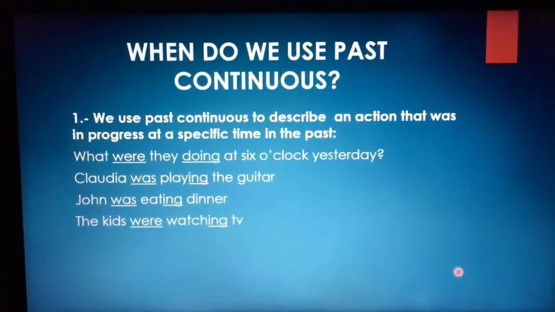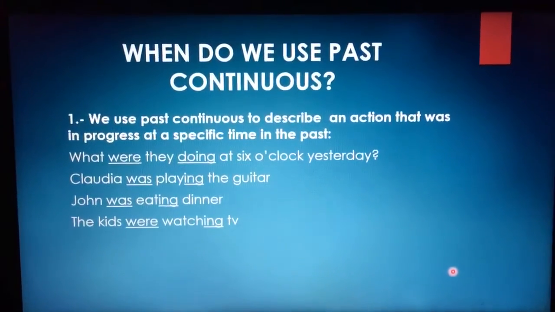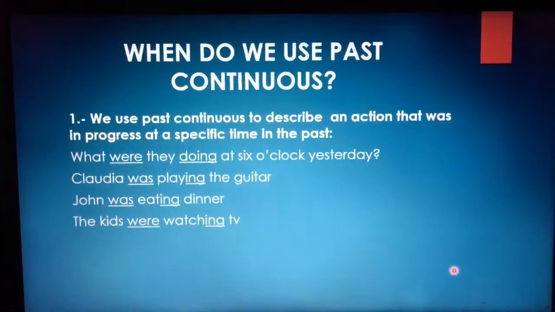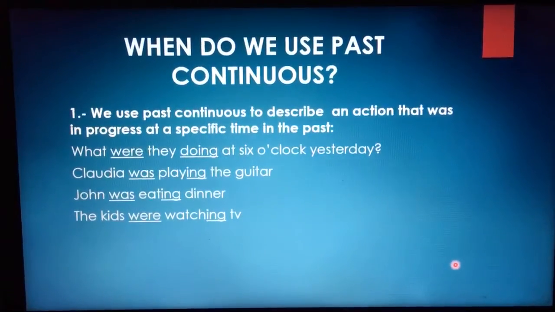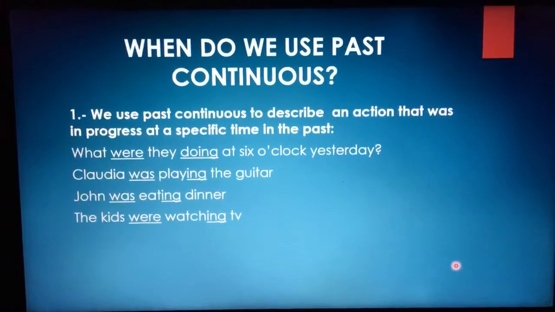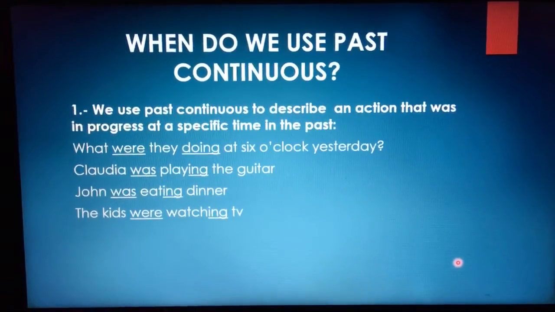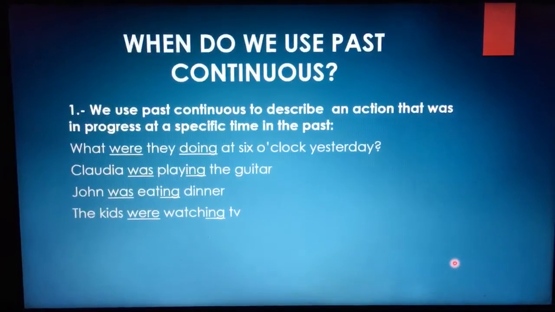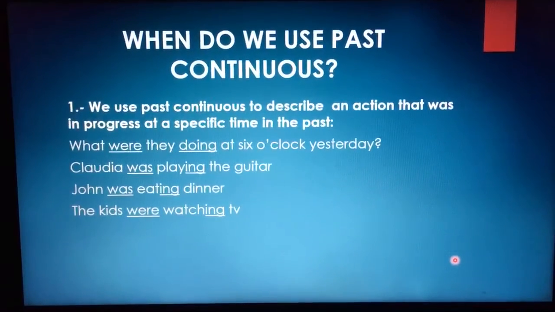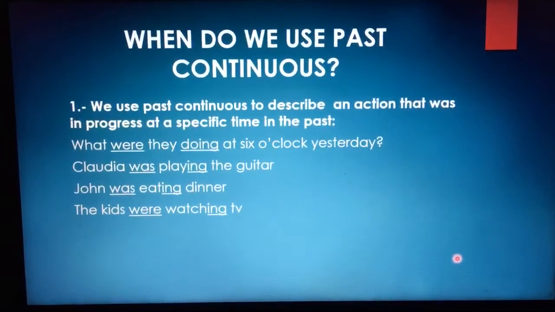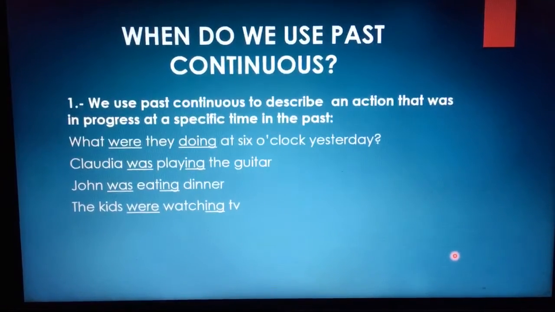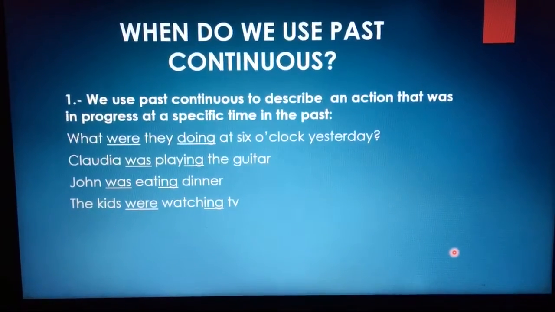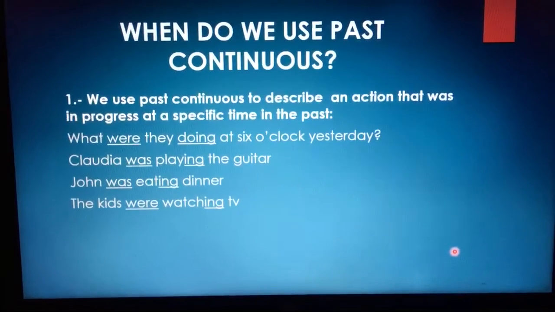Now, very important, when do we use past continuous? We have different cases when we're going to be using this past continuous tense. The first one is we use past continuous to describe an action that was in progress at a specific time in the past. For instance, we have what were they doing at 6 o'clock yesterday?